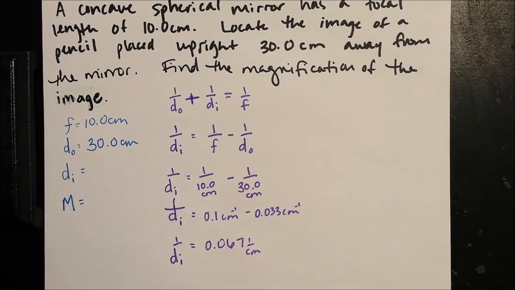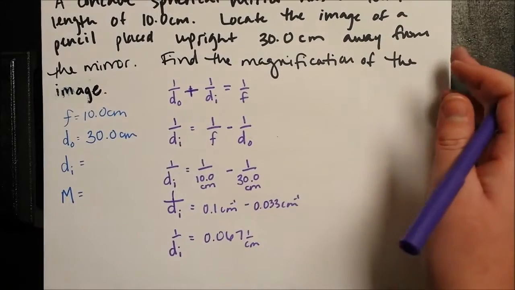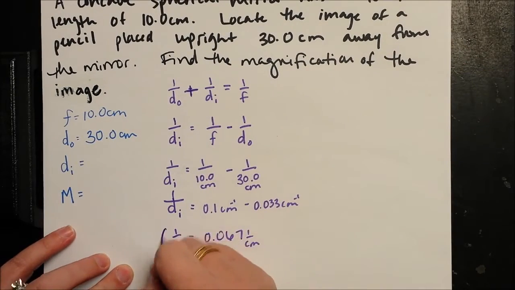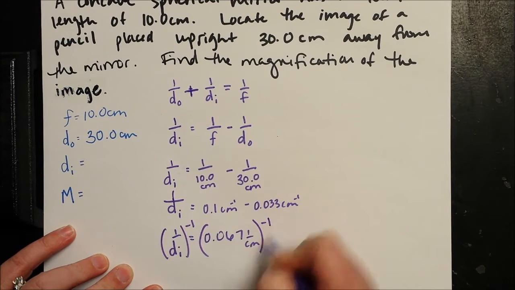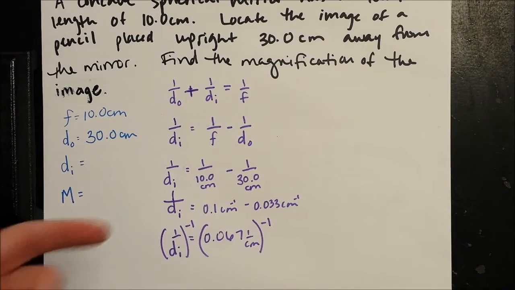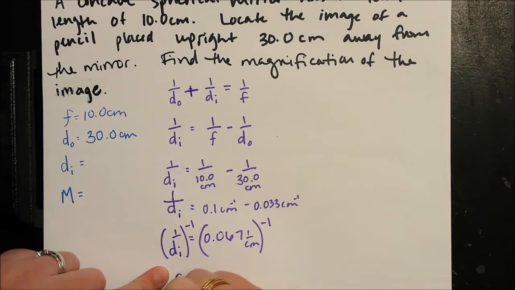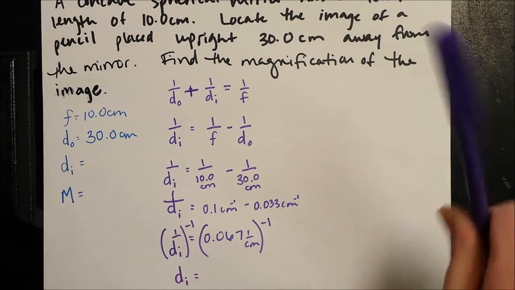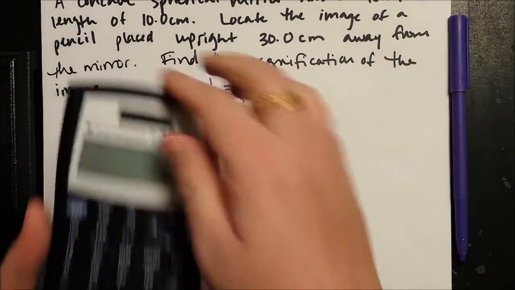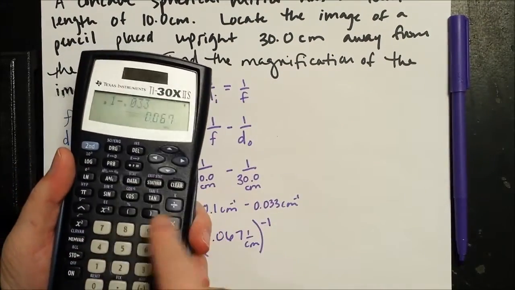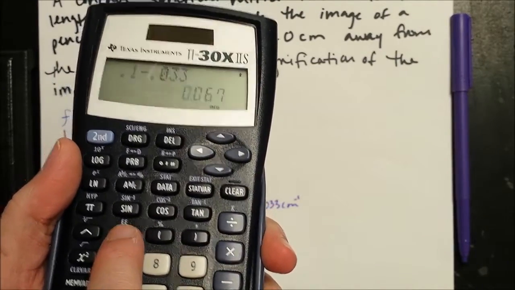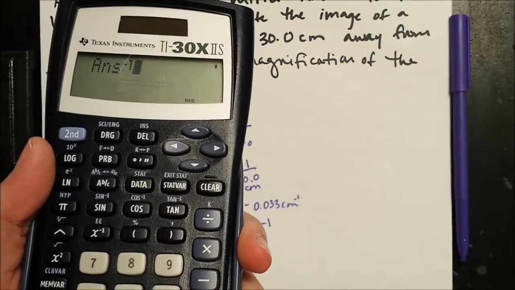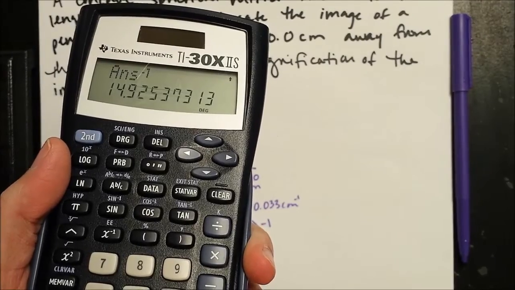Alright, so this is 1 over my image distance, so the way that I can isolate the image distance is to raise everything to the -1 power, or basically take the inverse, or take 1 divided by whatever. On your calculator you see an x to the -1 power button, so I could just do that and take my answer to the -1 power. I should get 14.9.